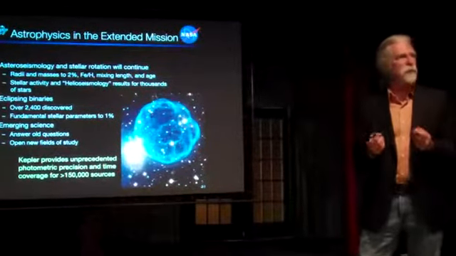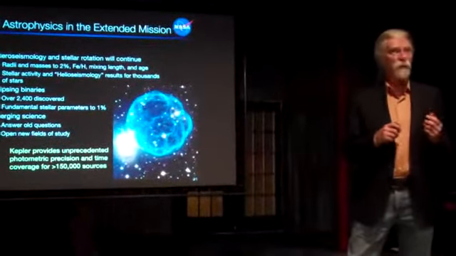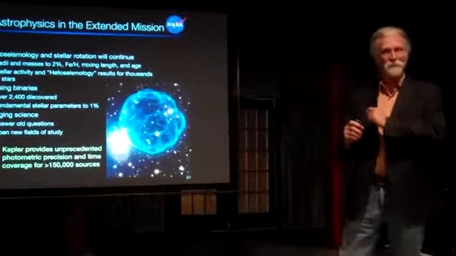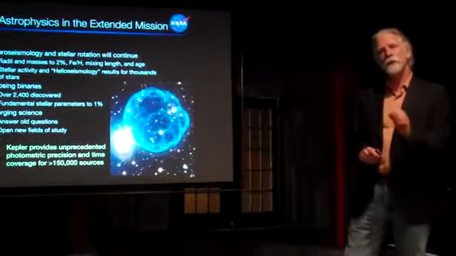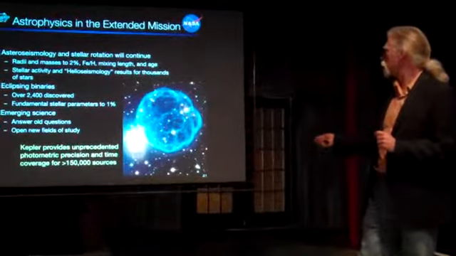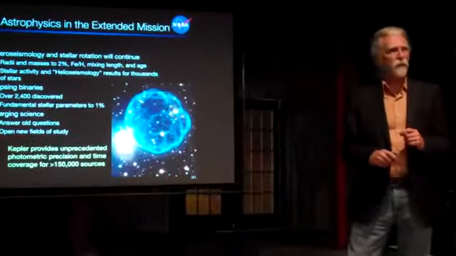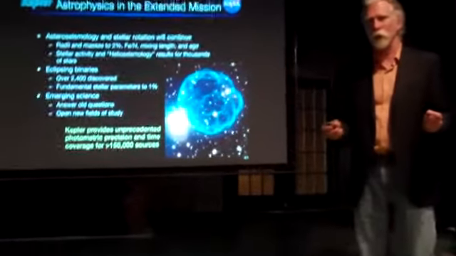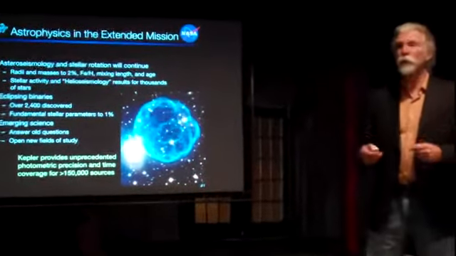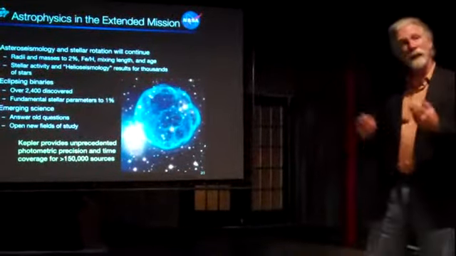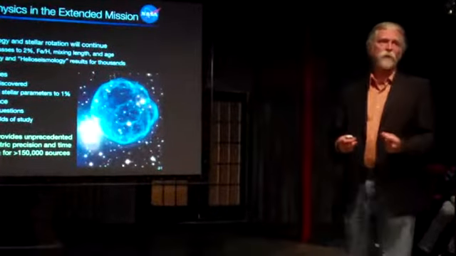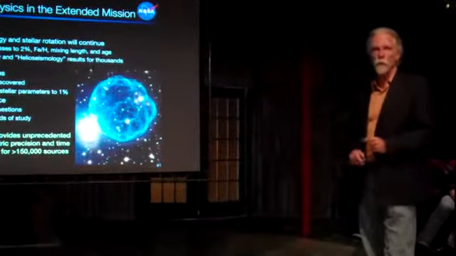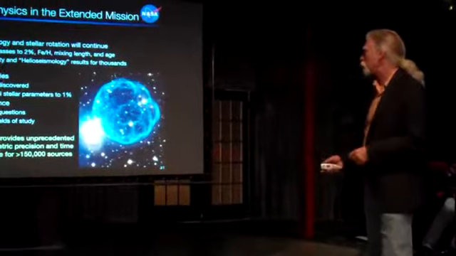And those measurements can be so precise from Kepler's precise measuring ability that we can learn the fundamental properties of these stars to something like a 1% uncertainty. And that's just fantastic. If you ever want to know anything about stars, sometime in the near future, and even now, you will be reading things that came from stars observed by Kepler. They will just change what we know about stars in terms of their fundamental properties.